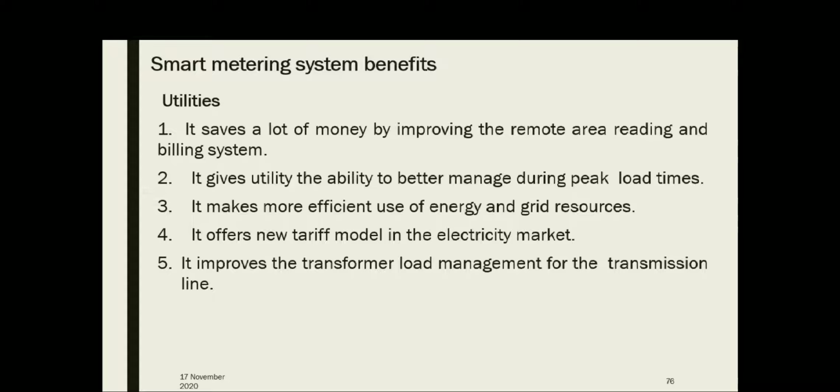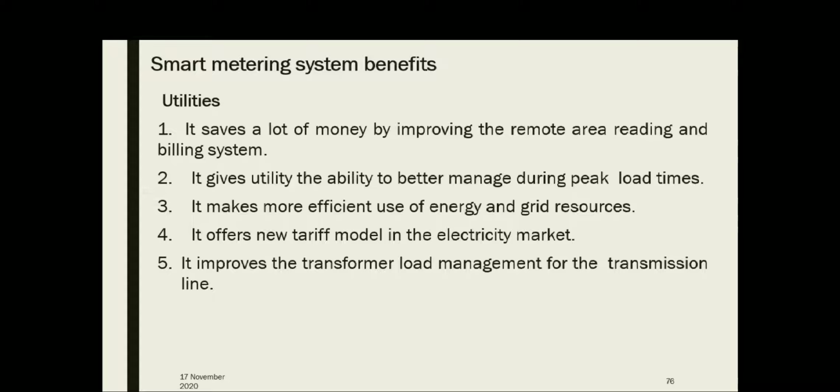So the typical smart meter system benefits for utilities are: it actually saves a lot of money by improving remote reading and the billing system, by avoiding manual billing. It gives the utility the ability to better manage during peak load times. It makes more efficient use of energy and grid resources.